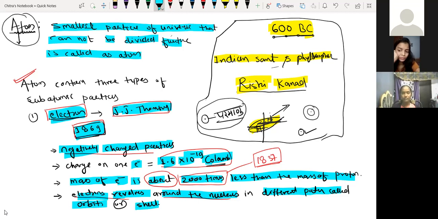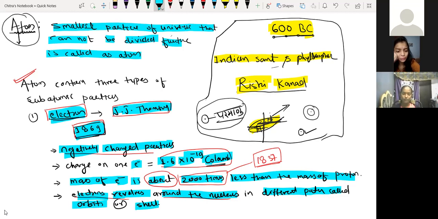So who discovered the atom first? Rishi Kanad, in 600 BC. Who discovered the electron? Sir J.J. Thomson, in 1869. The electron is negatively charged, and the charge on one electron is 1.6 into 10 to the power minus 19 Coulomb.